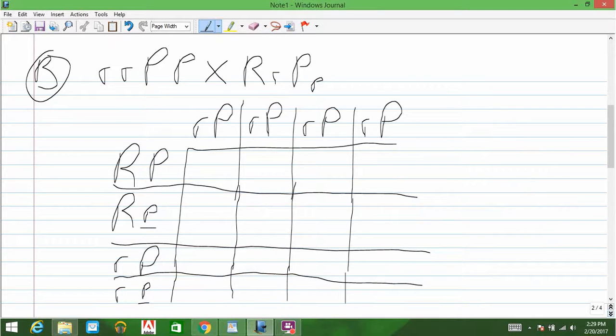Okay, this is problem B. So going through here, this whole top row is going to be walnut, and this whole next row is going to be walnut as well.